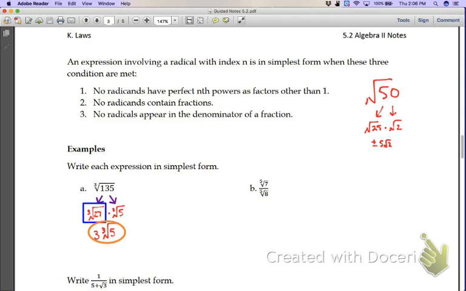Now, in this case, the other rule says no radical can contain a fraction and no radicals appear in the denominator. So I have a radical in the denominator here with B. What I would suggest is, especially in your denominator, do I know what 8 to the 5th is?